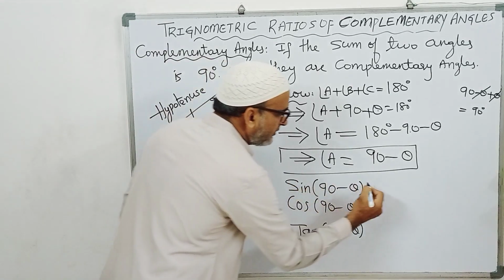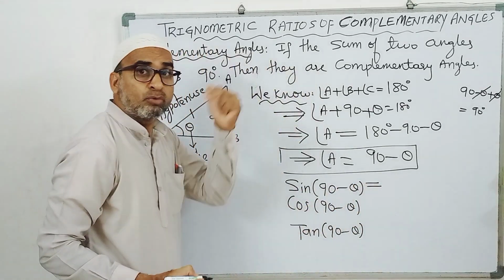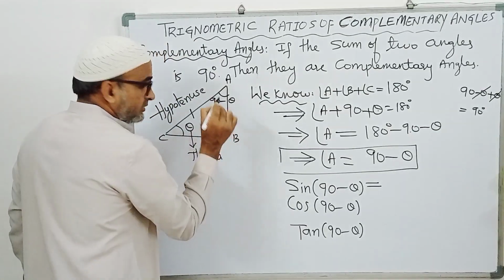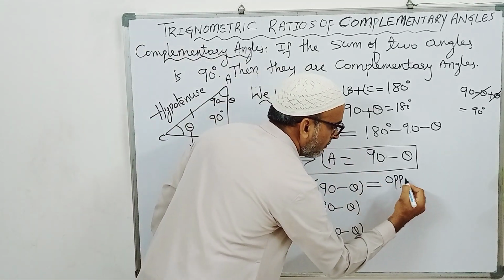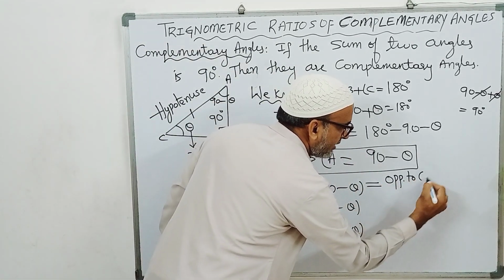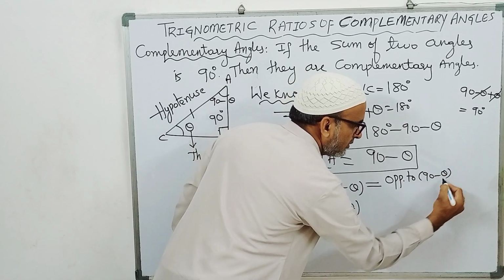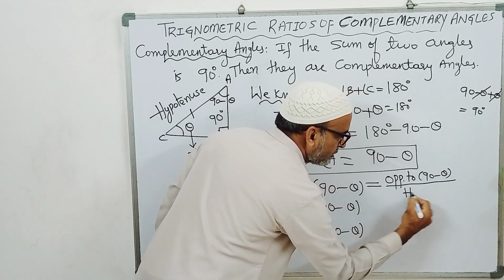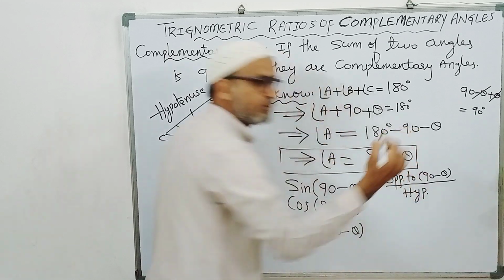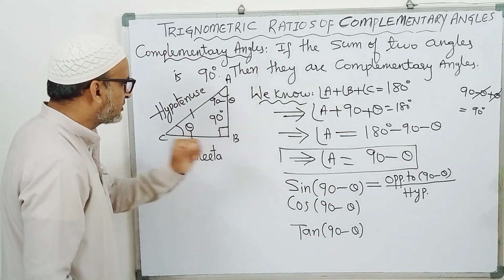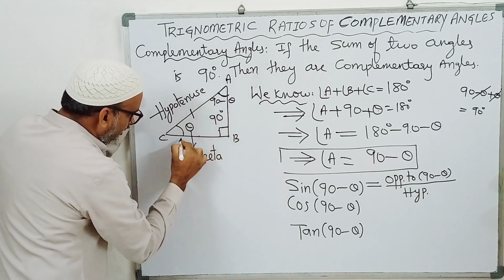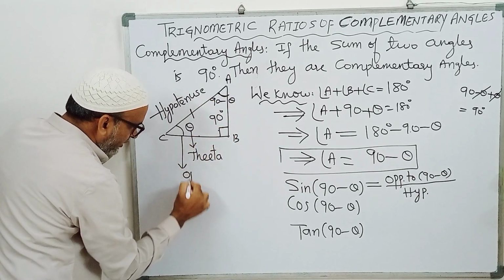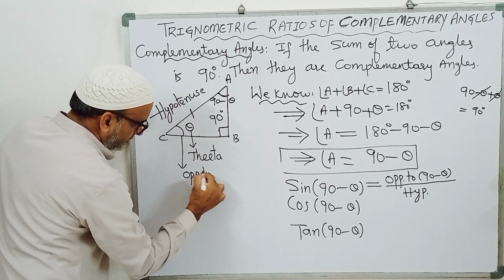Okay. Sine of 90 minus theta is equal to, according to the ratio, opposite to 90 minus theta by hypotenuse. Shortcut I am writing. Now you see, according to 90 minus theta, this side is opposite to 90 minus theta.